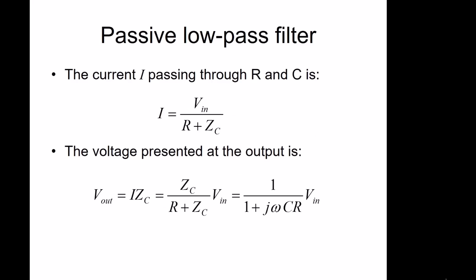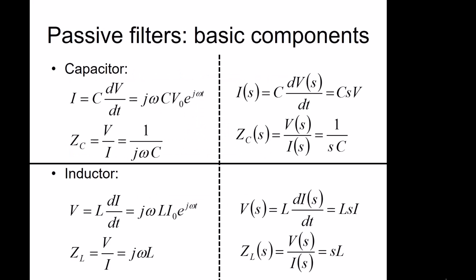So the current, from V equals IR, is the potential drop over the impedance. So the impedance is the resistance plus the impedance of the capacitor. And if you remember from yesterday, the impedance of a capacitor is given by 1 over j omega c.